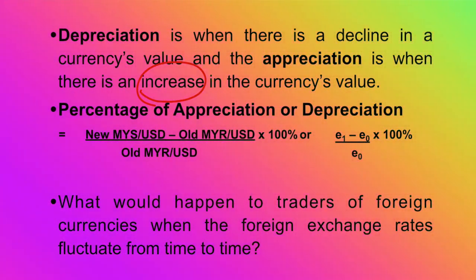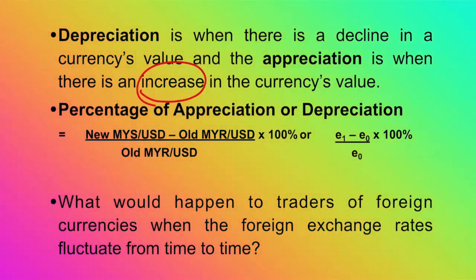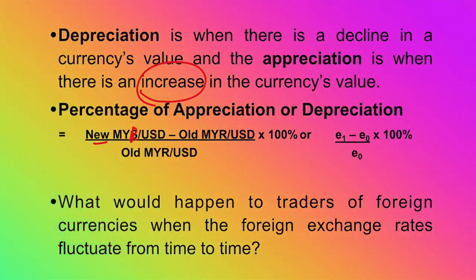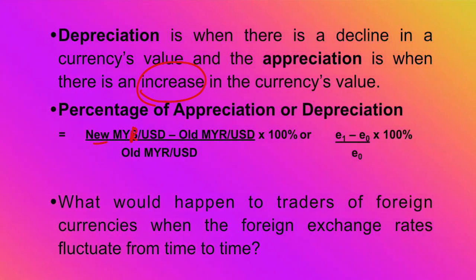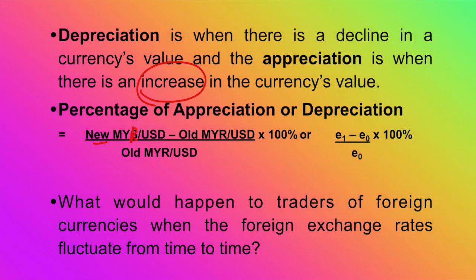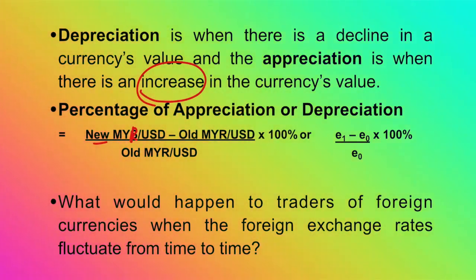How to get the percentage of appreciation or depreciation? We did this in the previous video. New Malaysia ringgit per US dollar minus old Malaysia ringgit per US dollar, divided by old Malaysia ringgit per US dollar, times 100%, or E1 minus E0 divided by E0 times 100%.